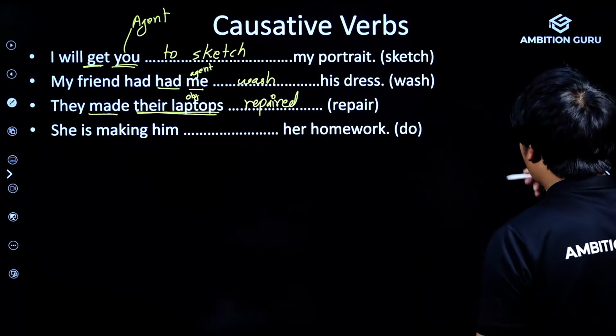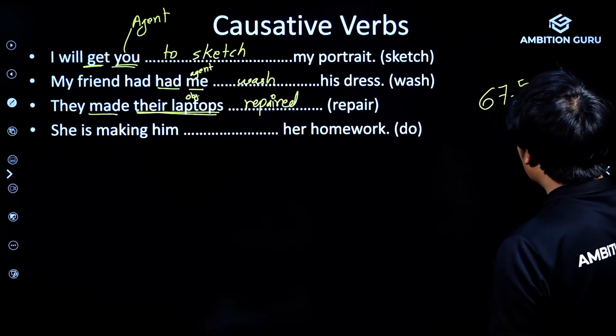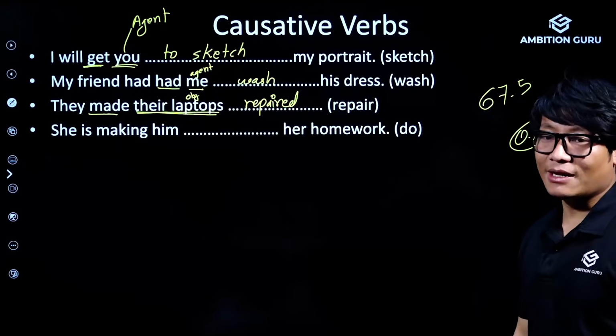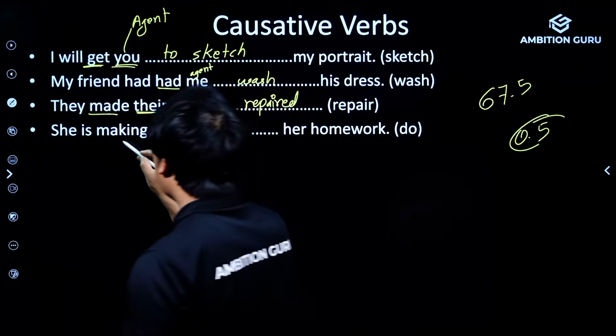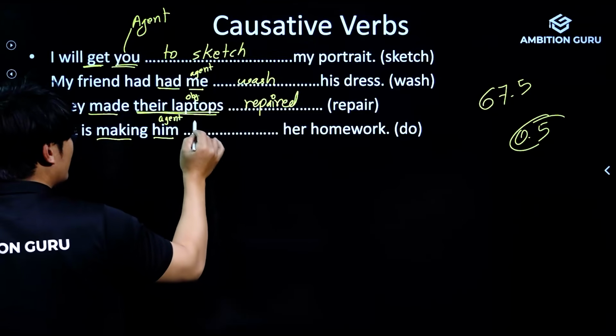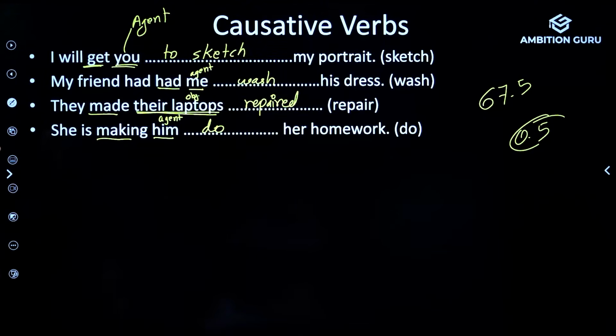Because to get A plus, you must secure 67.5. That's why even 0.5 is very important for you. So she is making him. Yes. After making, if there is a direct object, we use direct verb 1, so do. Like she is making him do her homework. Okay, that's good.